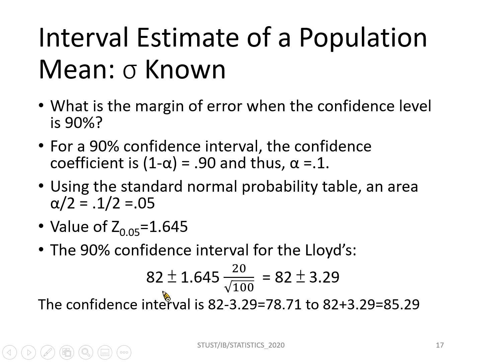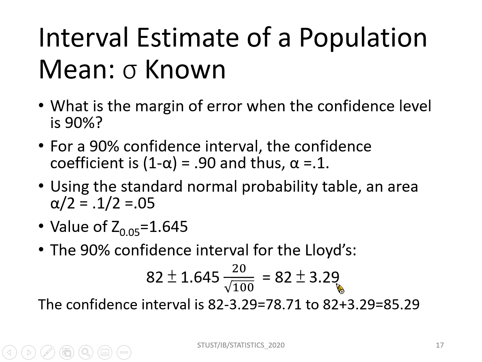So you will get 82 plus or minus 1.645 multiplied by the standard deviation of the sample divided by the root of the sample size, to get the result of 3.29.